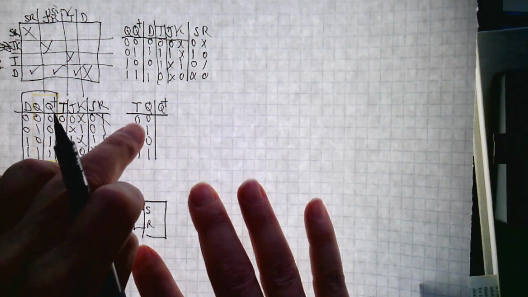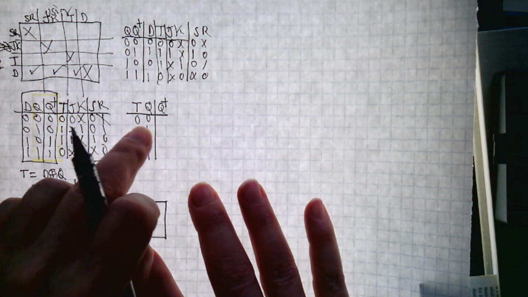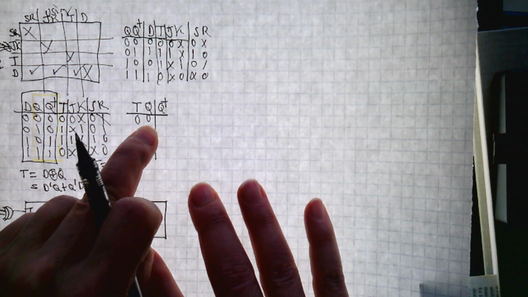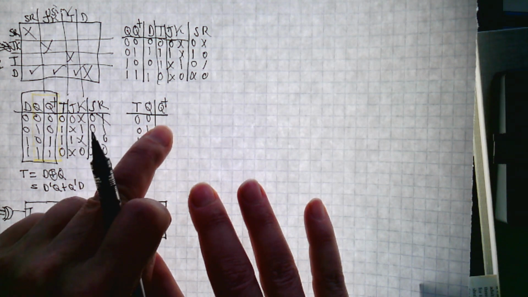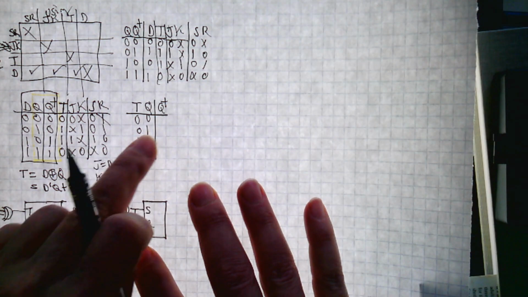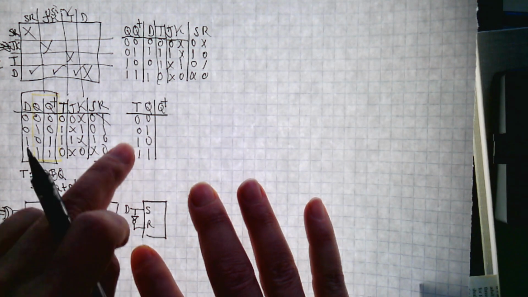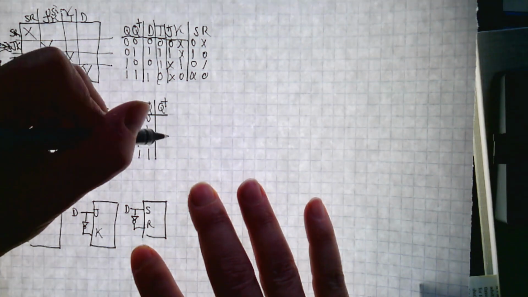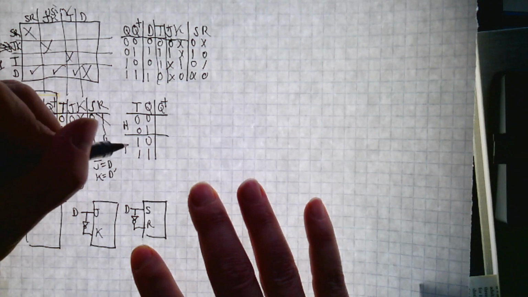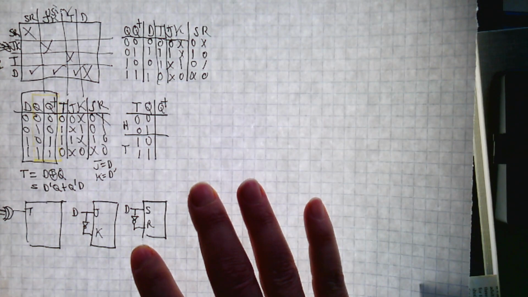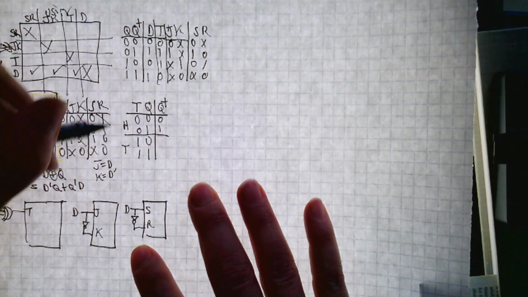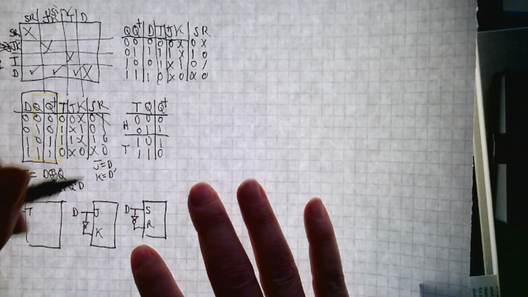We have a T flip-flop. The input is 0, the present state is 0. What's the next state? Okay, it only toggles when the input is 1. So this is the hold state. This is the toggle state. There you go. That's exactly right.